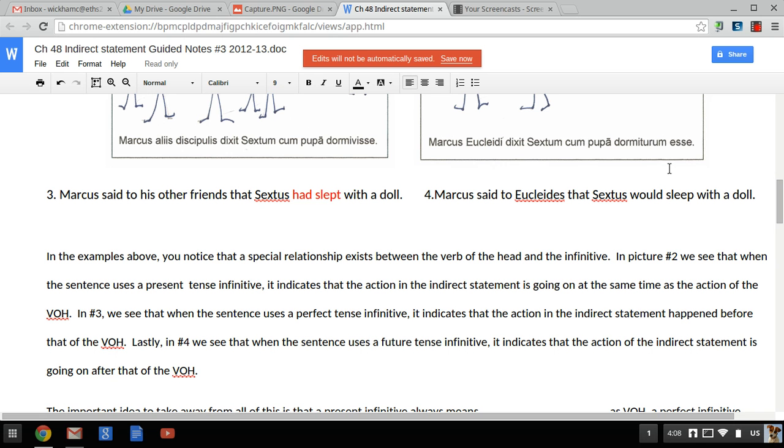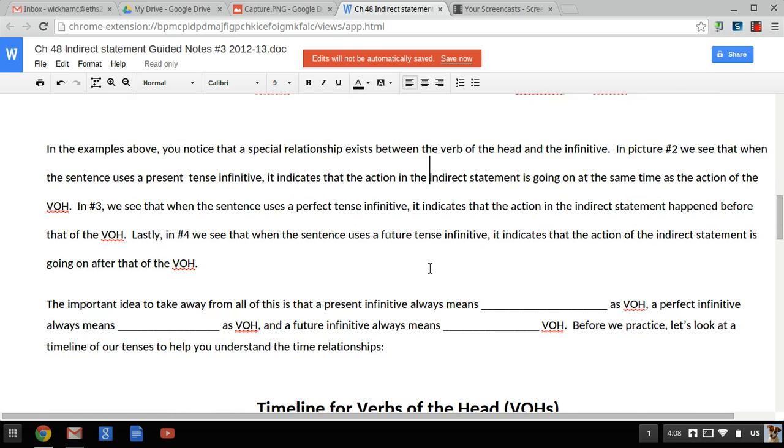And we're making it future. The future tense just comes after the past. So it doesn't necessarily come after the present, but it definitely comes after the past, and that's why we used the word would sleep instead of will sleep. A little bit tricky. Something to keep in mind.